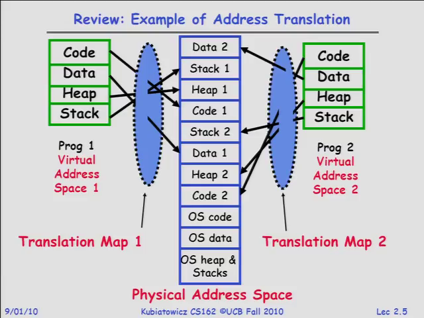So this is fine and dandy, but there's a bit of a problem with this. Can anybody see what the problem might be? What's the vulnerability of this particular scheme? Yes? Two different processes might have the virtual address map at the same physical address. Let's assume we don't screw that up, so there's never a mapping to the same address.